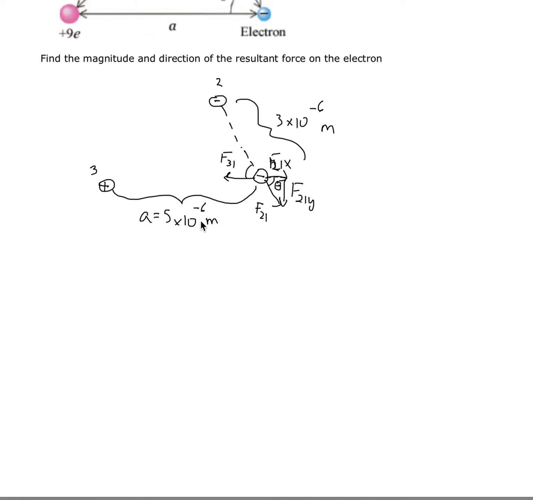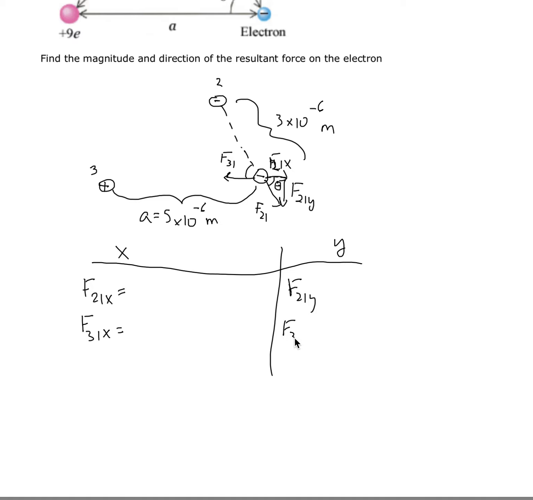So from here, it's a vector addition problem. We have two forces acting on the electron, and we want to find the net force. I like to separate the x and the y directions, find the x and y components of both of these forces. So I automatically, without even thinking, write down for each force the x and the y component: F21x, F31x, and then same thing for the y component, F21y and F31y.